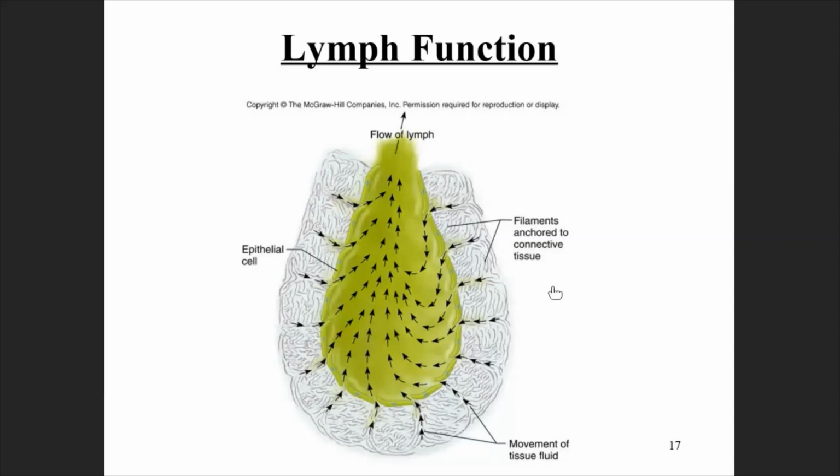Okay, so as you can see here, interstitial fluid can flow into the blind end of the capillary, which is composed of endothelial cells. There certainly are filaments that anchor these in place. Otherwise, too much pressure can, just imagine this is a balloon.